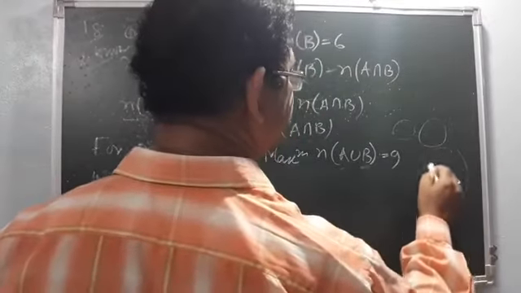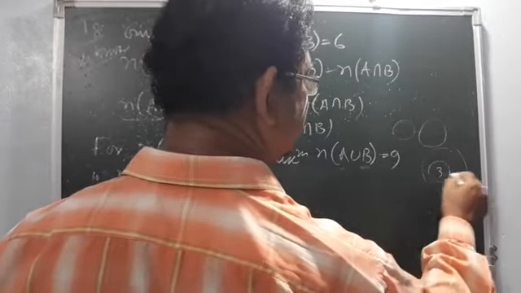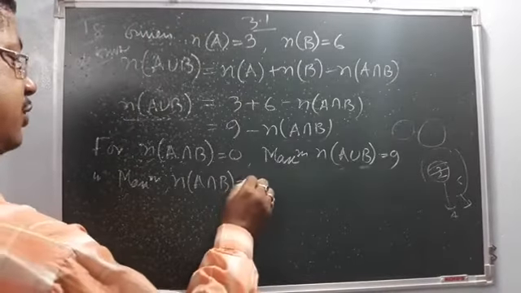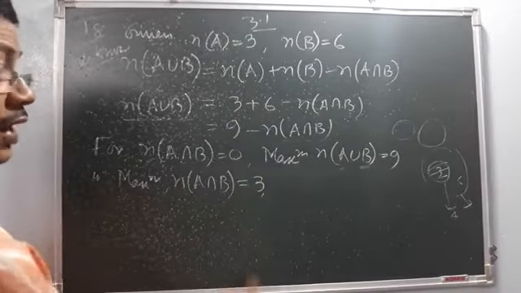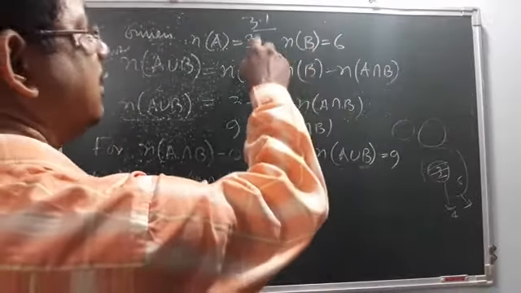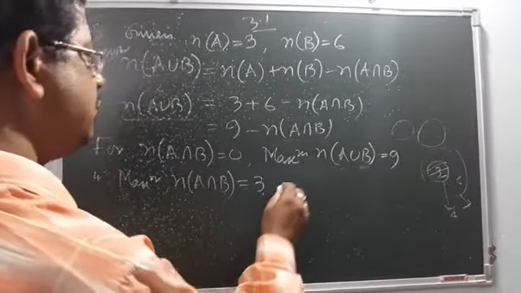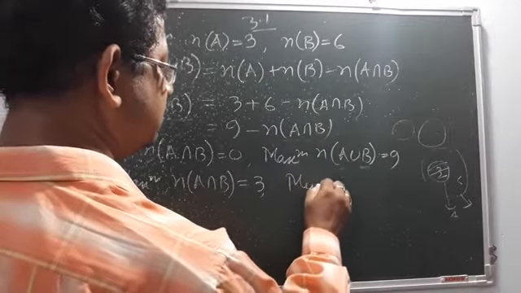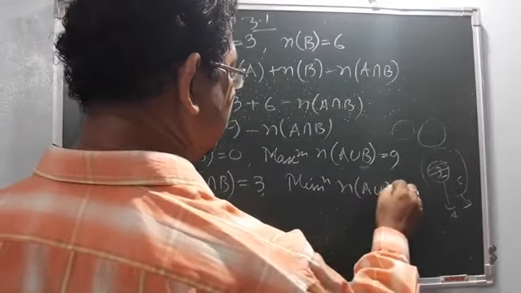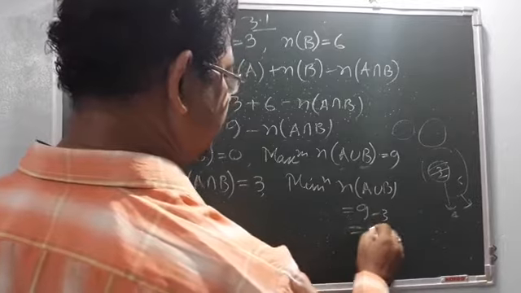If A is inside B, then A intersection B is 3. The maximum value of this can be 3, because if we combine, they can have at least only 3 elements in common. So this will give the minimum value of A union B, and it will be 9 minus 3, which is 6.